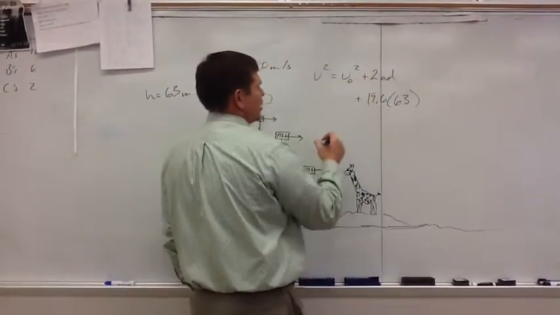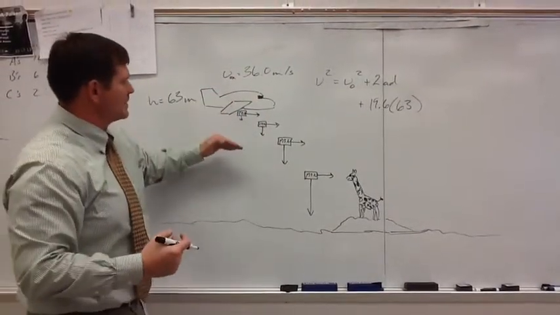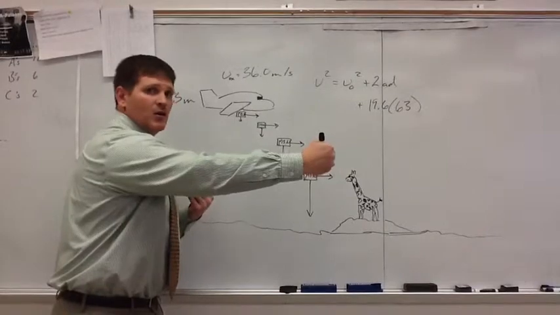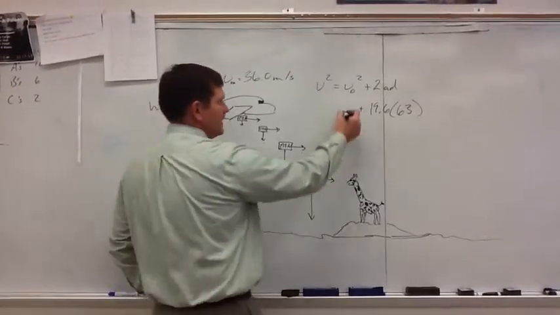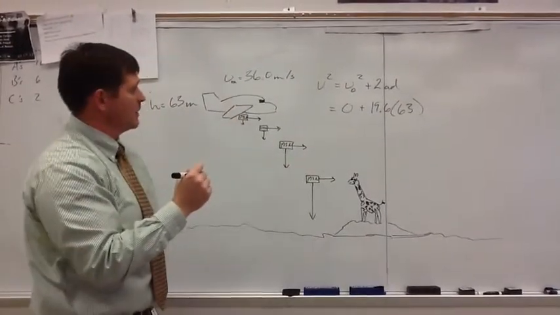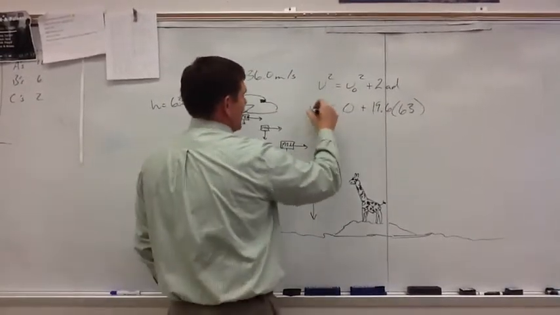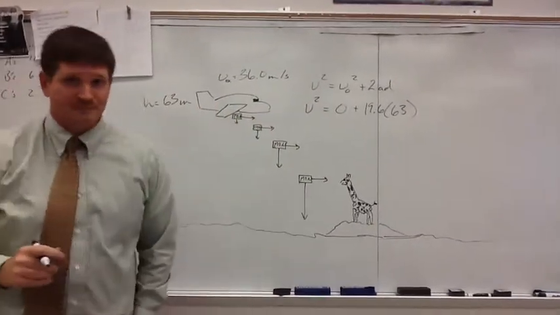Now we're going to add that to our initial velocity. The initial velocity when we drop it is not going to be our horizontal velocity, it's going to be our vertical component. So when we first drop it, it's going to be 0. Scoring a 0 is really easy work. And then we've got our final velocity, which is what we're solving for. We're going to square that.